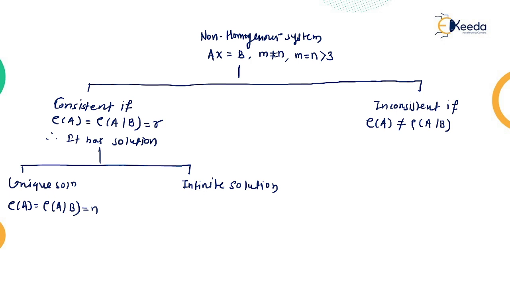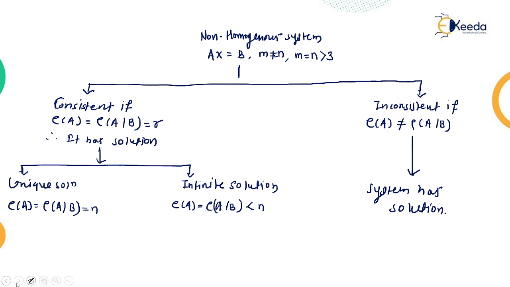And if the system has infinite solutions, then the rank of matrix A is equal to the rank of the augmented matrix AB is less than the number of unknowns, then the system has infinitely many solutions. And very clearly, if the system is inconsistent, then the system has no solution.